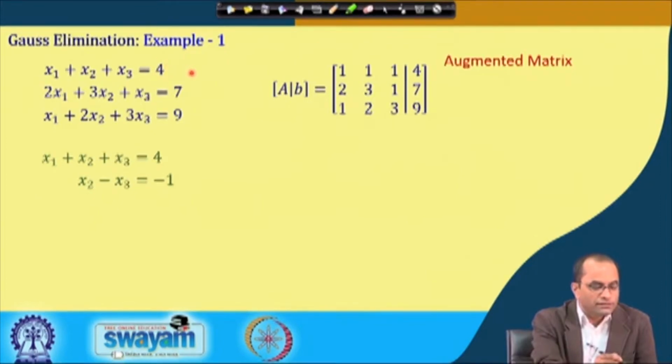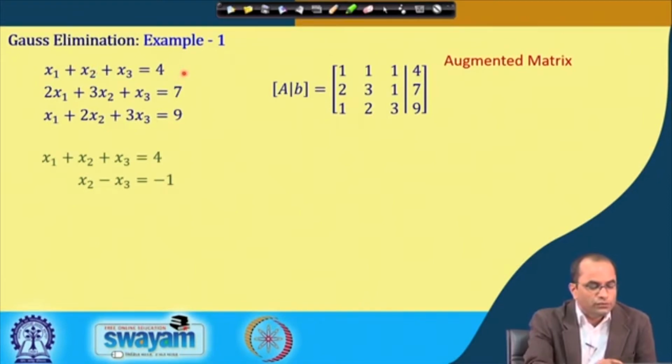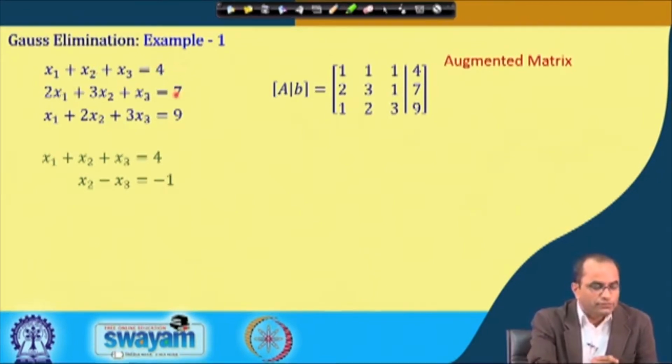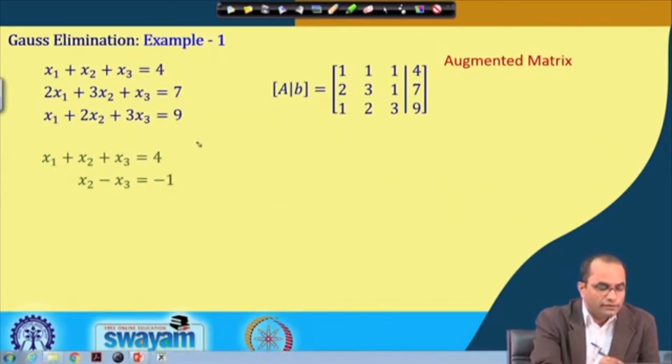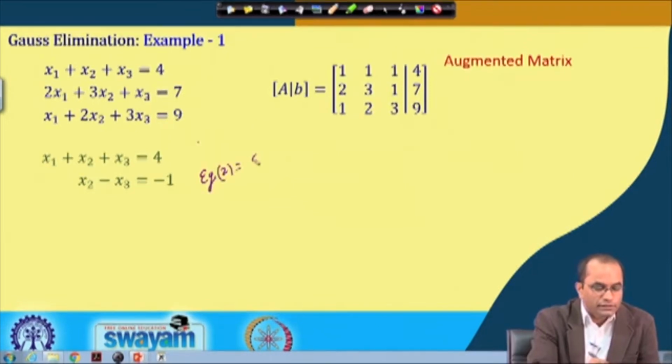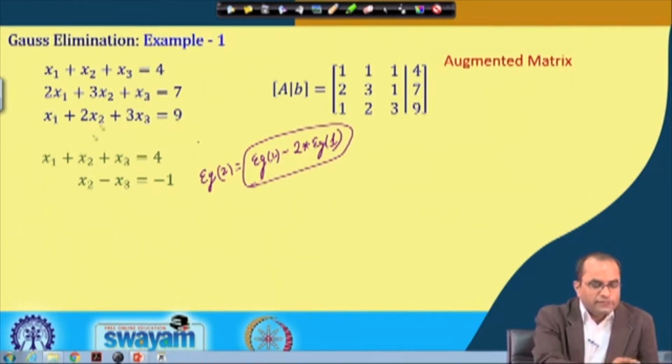What we are supposed to do is multiply equation 1 by 2 and then subtract it from equation number 2. So, equation number 2 becomes equation number 2 minus 2 times equation number 1. We have done this manipulation here.